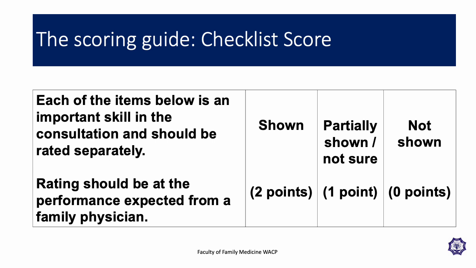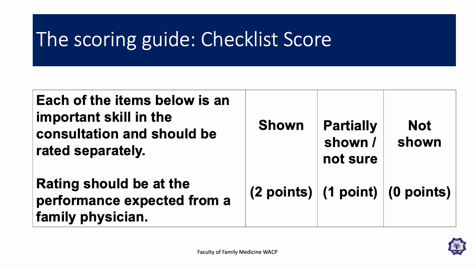When we look at the top of the form, the method in which a particular point or signpost is assessed is to give a score of 2 if the resident doctor is able to show this skill at the level of performance that you would expect of a family physician.